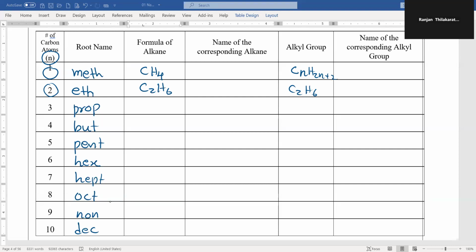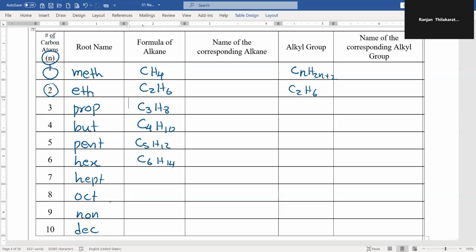Having 3 carbons, prop. Then it is C3H8. Why? 3 into 2, 6. 6 plus 2, 8. Having 4 carbons, C4H10. Then 5, C5H12, C6H14, and so on.